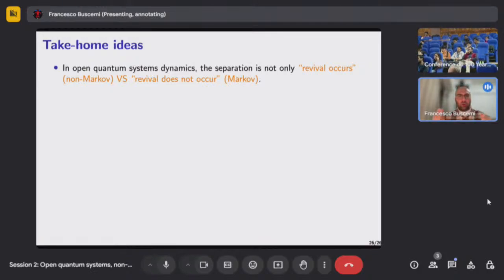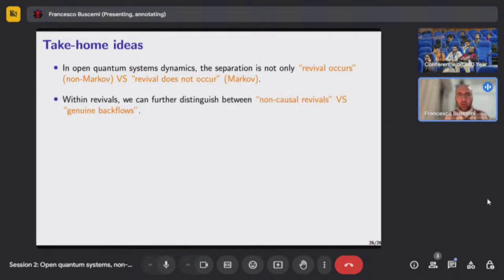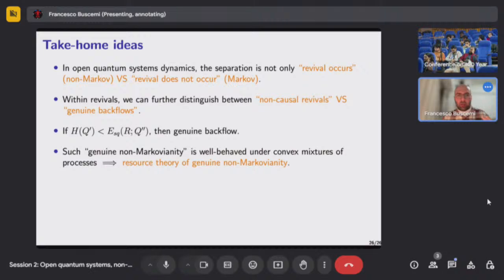So this would be the genuinely quantum non-Markovianity. And instead, revivals that can be explained with a non-causal explanation, so kind of boring revivals or non-genuine revivals, okay? We have a condition for the genuine backflow.